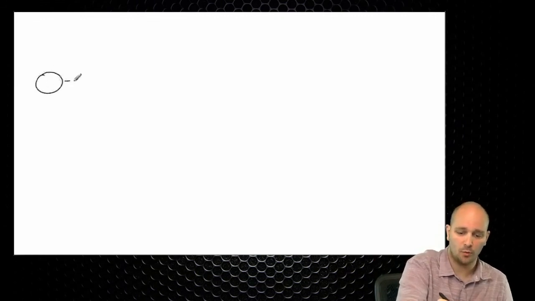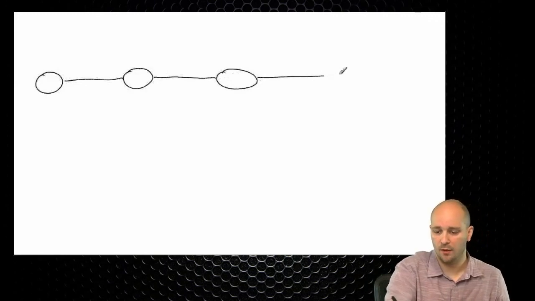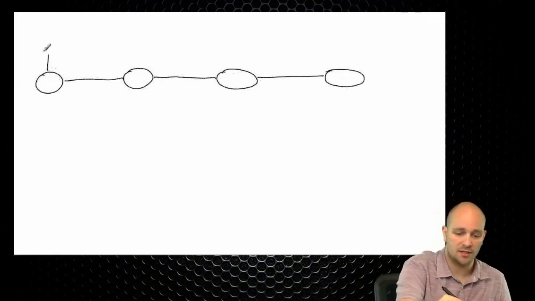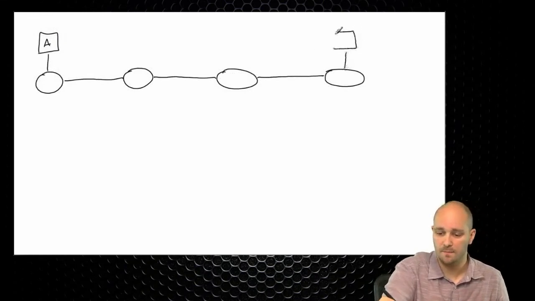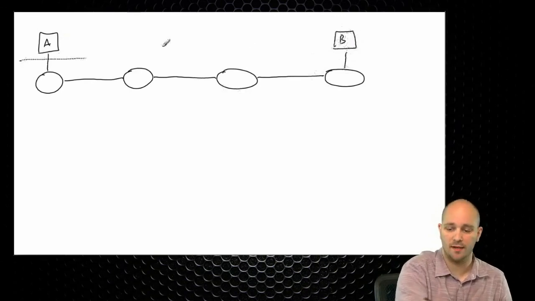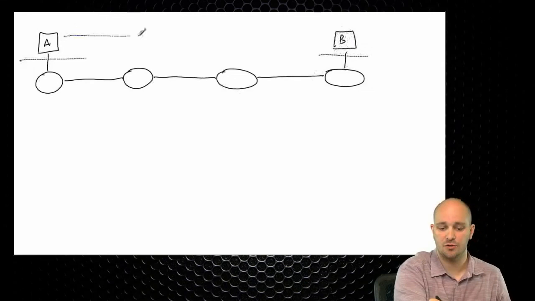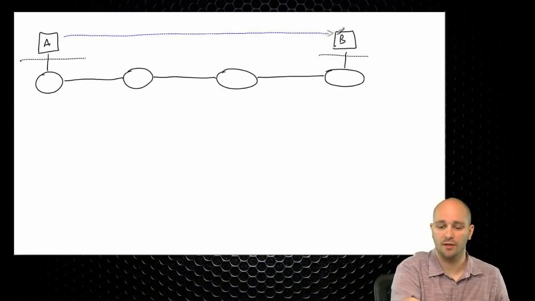So I'm going to redraw it here. So we have R1, R2, R3, and then R4. So let's say that this is going to be host A, this is going to be host B, and again, this is the edge of my MPLS network. And what I'm interested in is traffic going this direction.